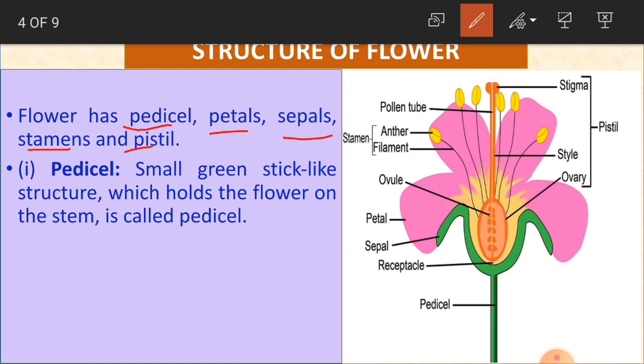If you see here in the diagram, it is very clearly given. So what are petals here? The colored part here, these are petals, and the green part here is the sepal. And what is the stamen? Both anther and filament.